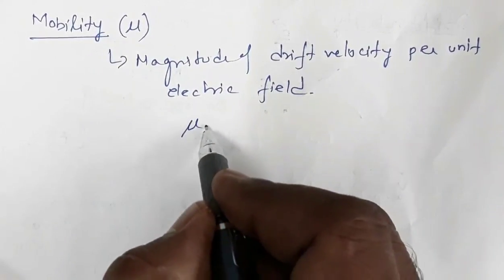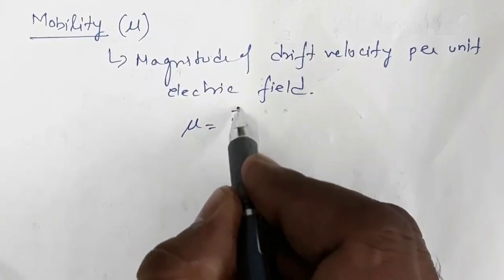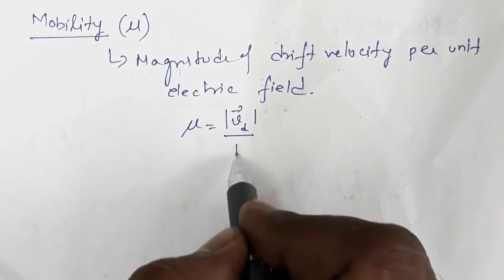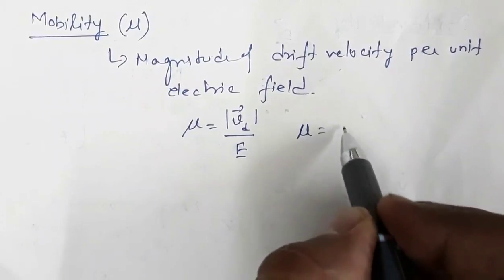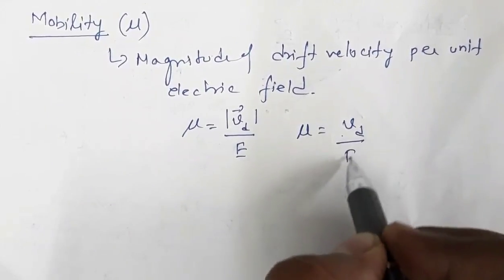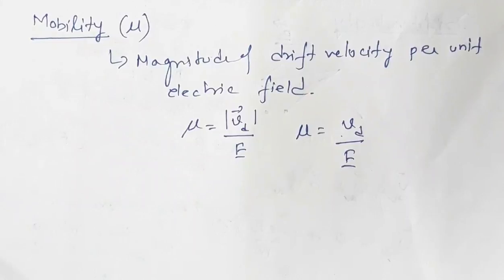So mathematically I can write it as mu is equal to V_d, this is the magnitude of drift velocity, per unit electric field E. Or I can write simply mu is equal to V_d divided by E. So this is the mathematical expression for mobility.